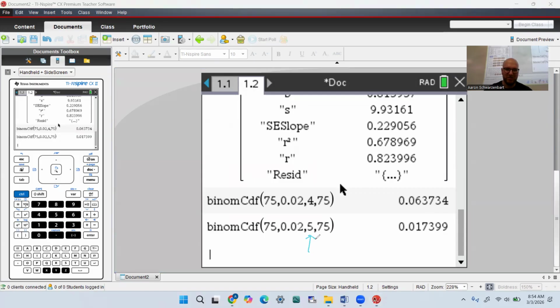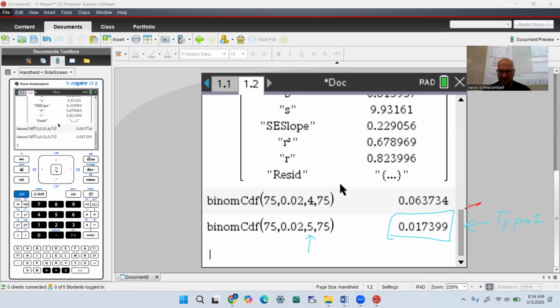That's the p-value for 5 or more, or the type 1 error. Yeah, this is just the p-value.